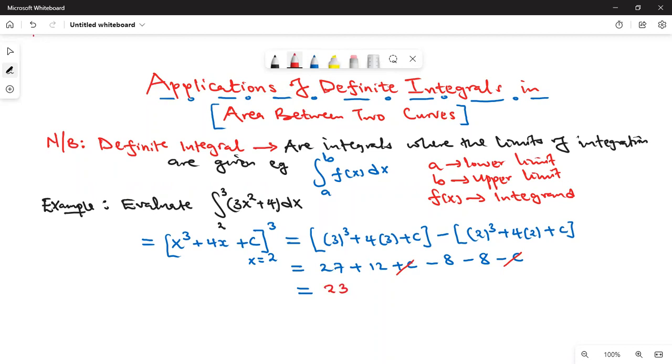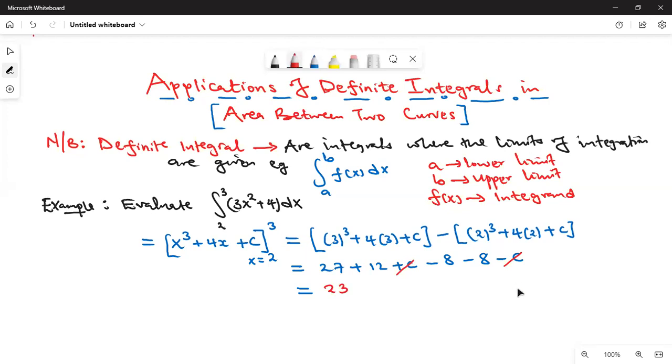So that's how to evaluate what we are calling the definite integrals. You just integrate normally using the techniques of integration. Once you have found your answer, then you plug in the limits of integration. You start by plugging in the upper limit and then subtract the value you get when you plug in the lower limit.